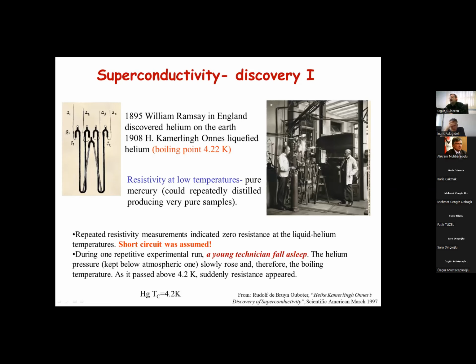So their attempt was just to get liquefied helium around that time, and during this experiment they were making electrical measurements using mercury. Sometimes accidents happen and so on. They observed a short circuit.